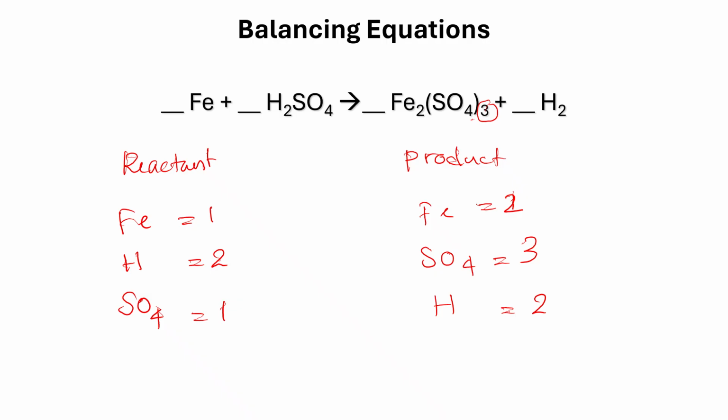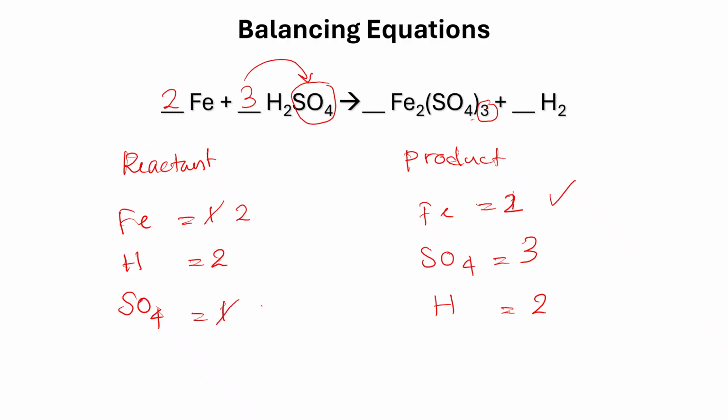Now to balance this equation, let's look at how many irons are on both sides. There is 1 iron on the reactant side but 2 irons on the product side. To make it 2, you can add 2 in front of iron on the reactant side, so it is balanced now. When you take sulfate groups, there are 3 sulfate groups on the product side. Now you can add 3 in front of sulfuric acid to make it 3 sulfates, the whole group.